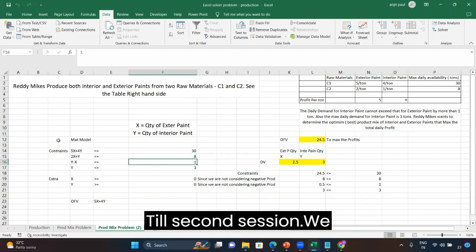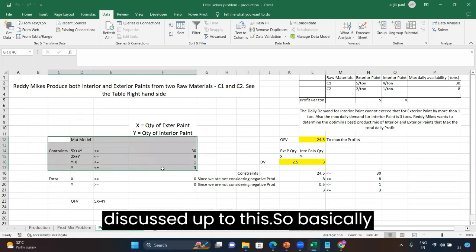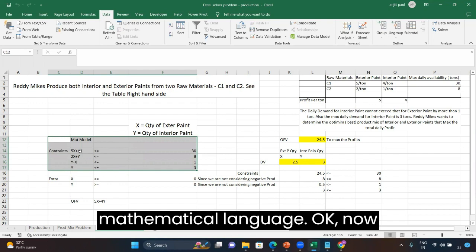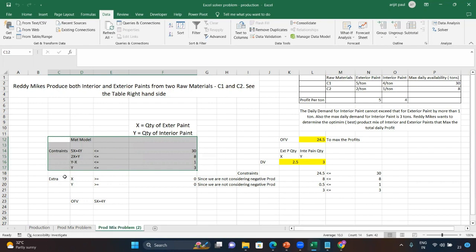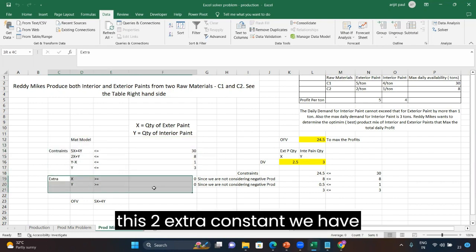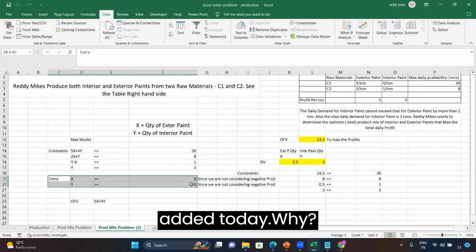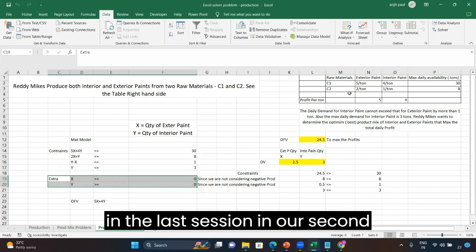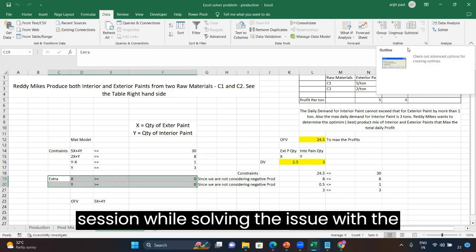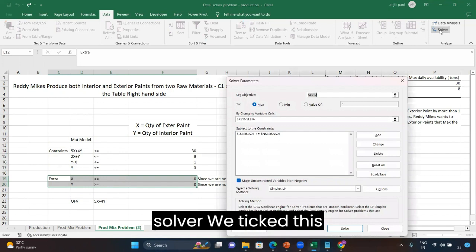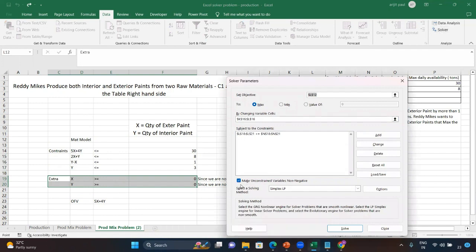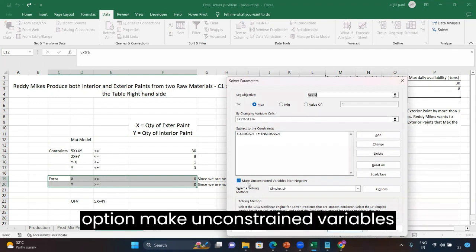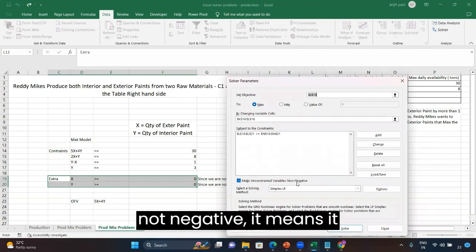Till the second session, we discussed up to this. So basically, we converted this English language into mathematical language. Now, these two extra constraints we have added today. Why? Because if you remember, in our second session, while solving the issue with the solver, we took this option, make unconstrained variables non-negative.